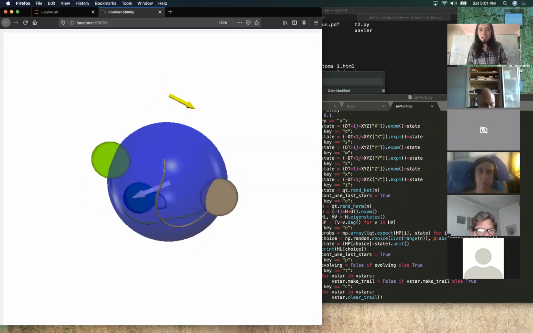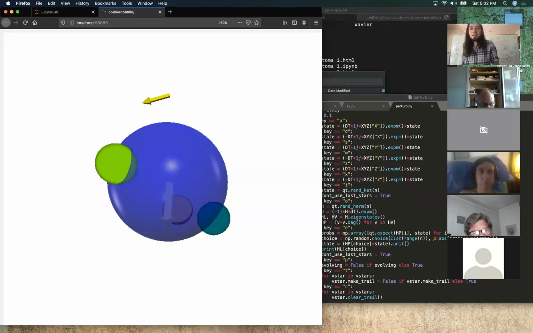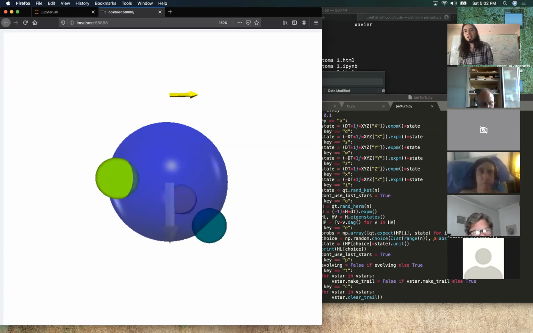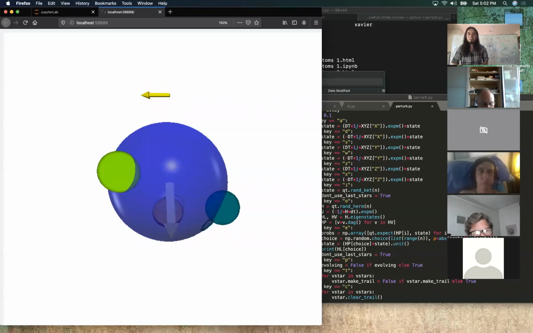But once I've chosen it, I can press this key, which collapses the state at random with the right probability into one of those energy eigenstates. So we've chosen a random energy function, and we've just tried to visualize the constellation of one of those energy eigenstates. And that allows us to see, when we perturb it out of an energy eigenstate, the motion of the stars is quite simple to describe.